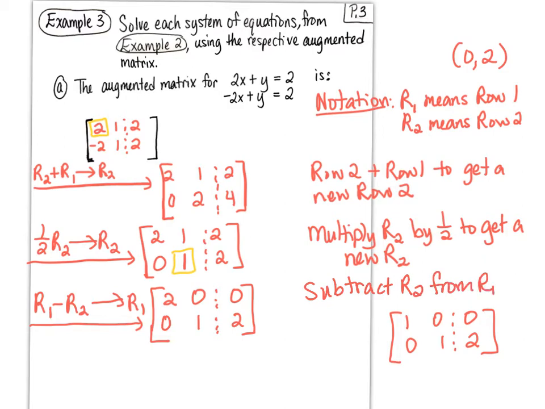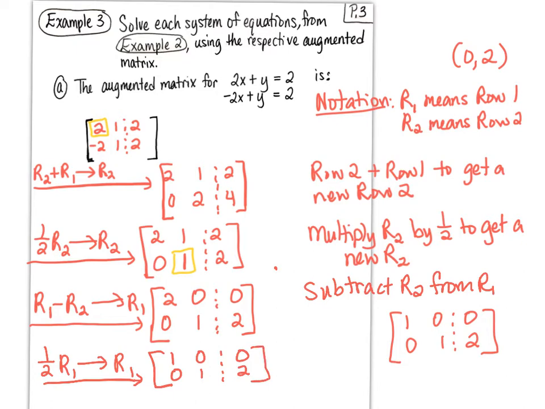That's what we did. And now what you said is multiply row 1 by 1/2 to get a new row 1, which was absolutely correct. And when you do that, we get 1, 0, 0, 0, 1, 2, which is exactly what we wanted, right?